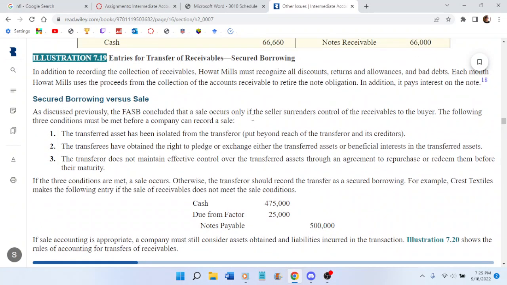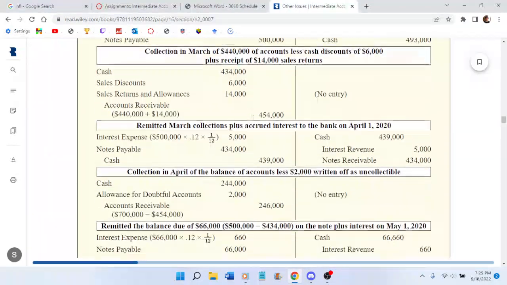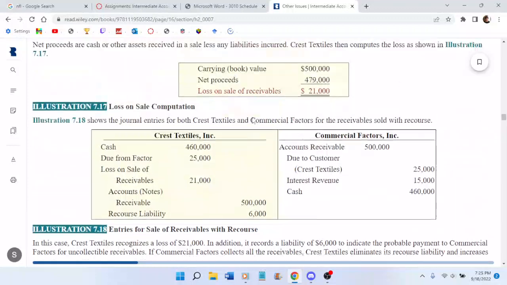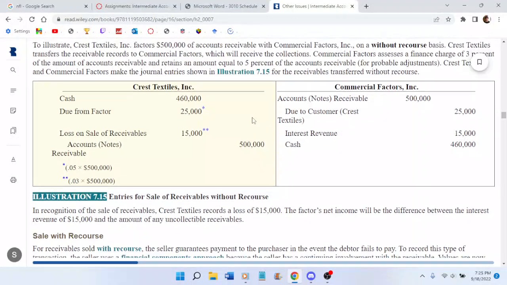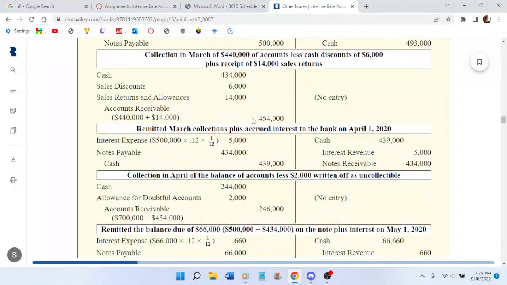Sale. They're comparing the sale of a receivable with the secured borrowing practice, which I'm still so confused by right now.